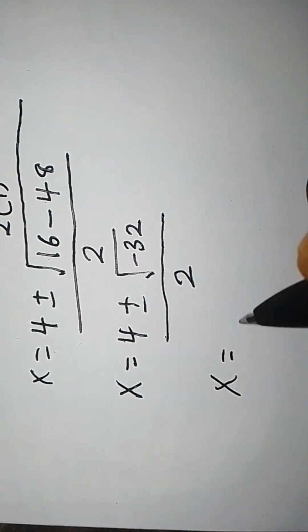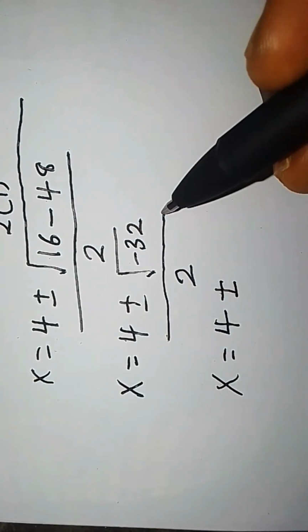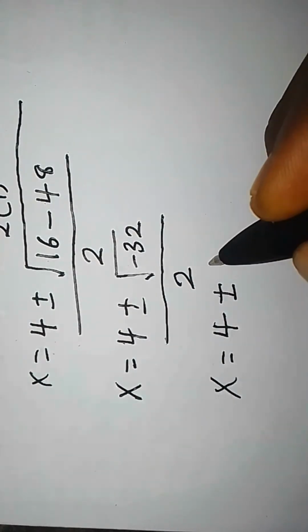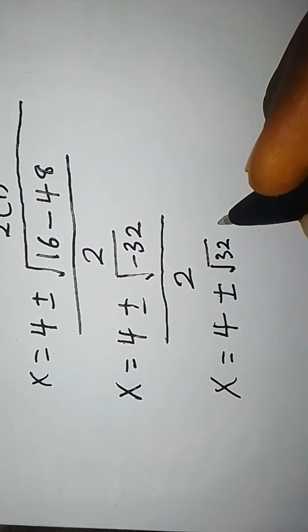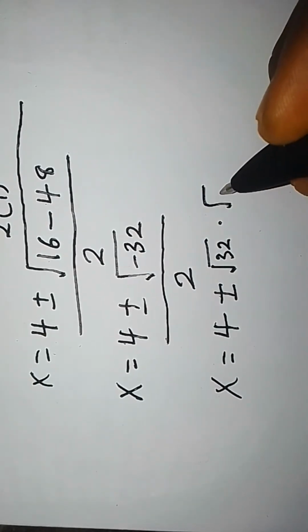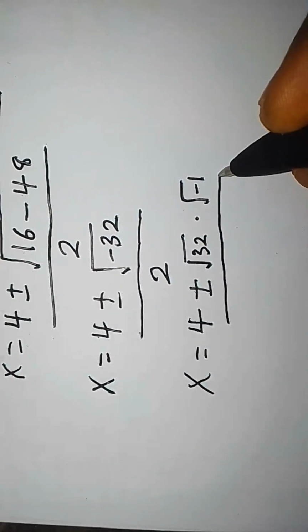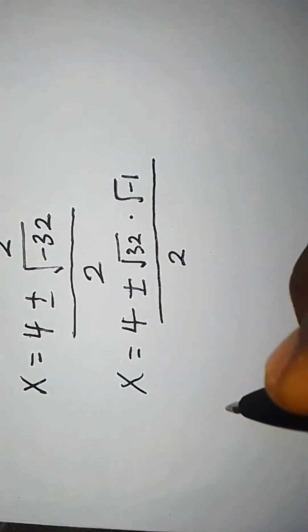X is equal to 4 plus or minus. I can rewrite square root of minus 32 as square root of 32 times square root of minus 1, divided by 2. Let's proceed further.